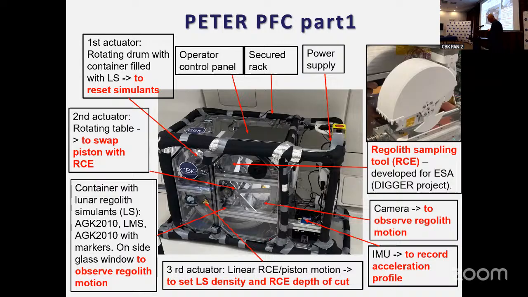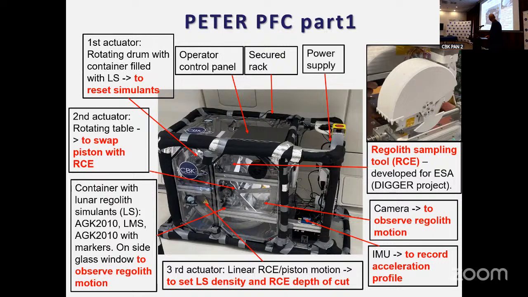The simple reason is to not lose the regolith, especially if the bin is on the opposite side to the gravity. So we need to close the bin and also set the relative density. By setting this piston, we were able to set the relative density. As you remember, this is a really important parameter for the excavation.